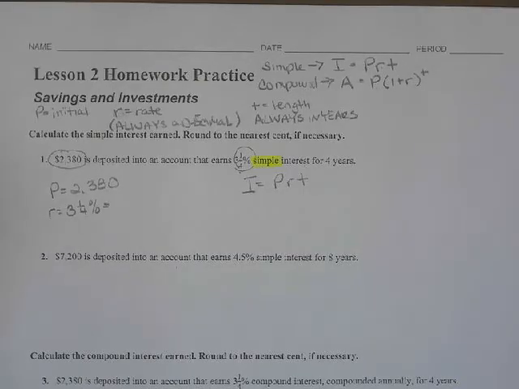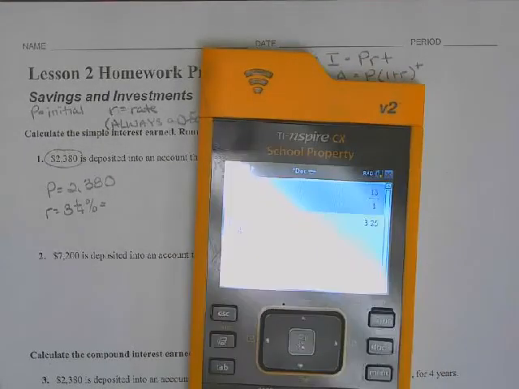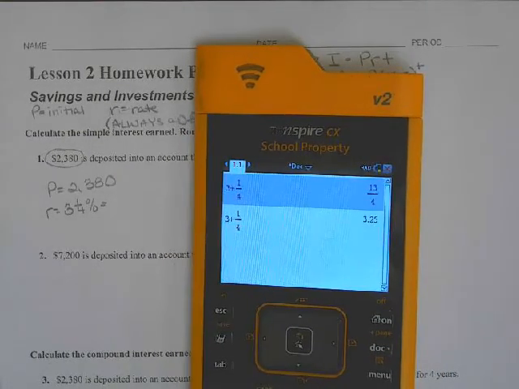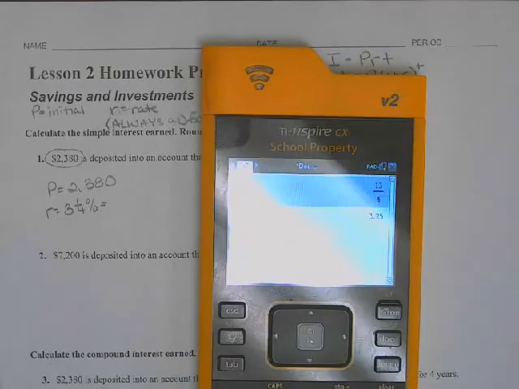Okay, so let's take a look at the calculator. We're going to put it in. As a decimal, it looks like 3.25. But remember, I want it as a percent.